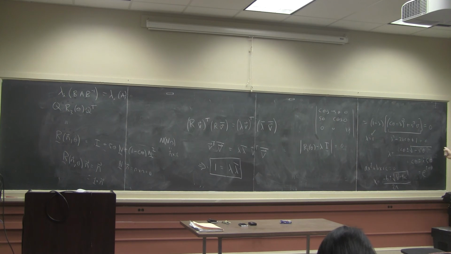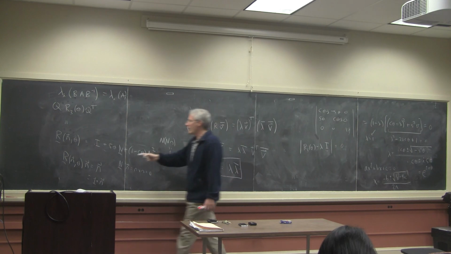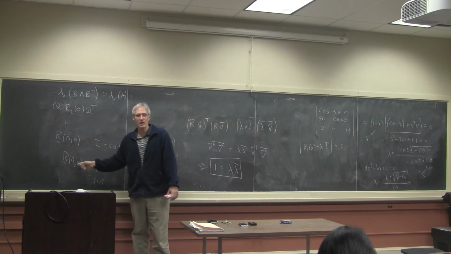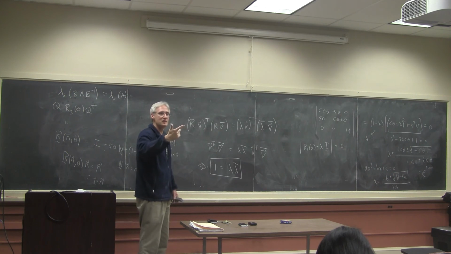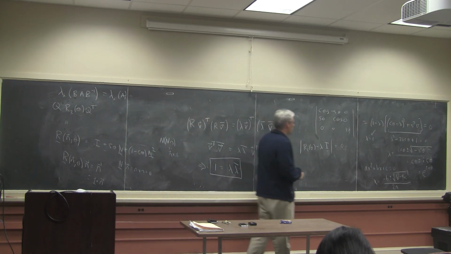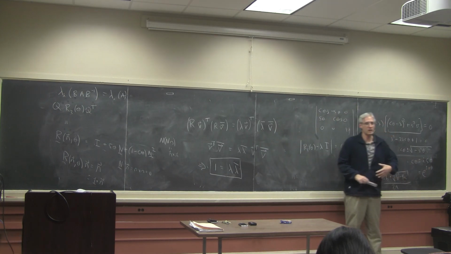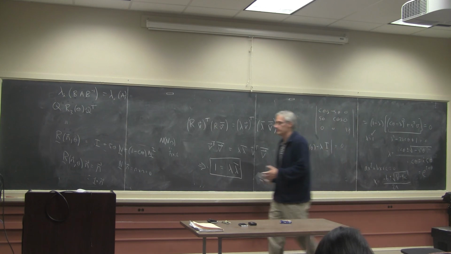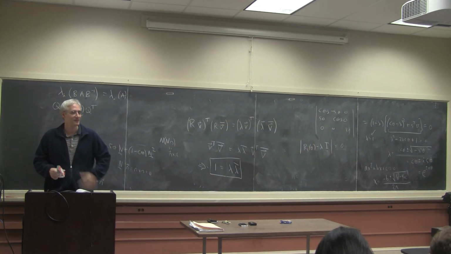This is the same theta as in the axis angle formula. So if I give you a rotation by an angle theta around any axis in space, the eigenvalues of that rotation matrix are going to be 1, and then e to the i theta and e to the negative i theta. Okay? Any questions about any of that?